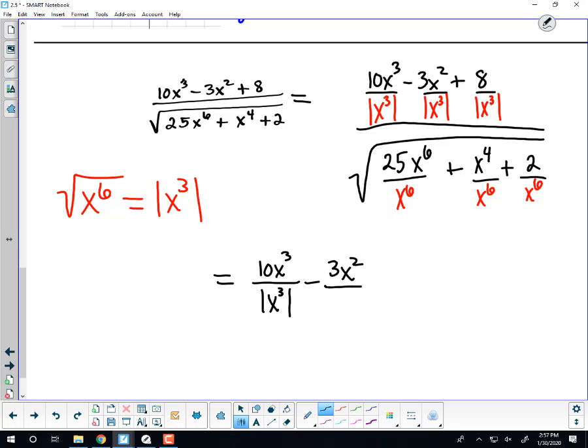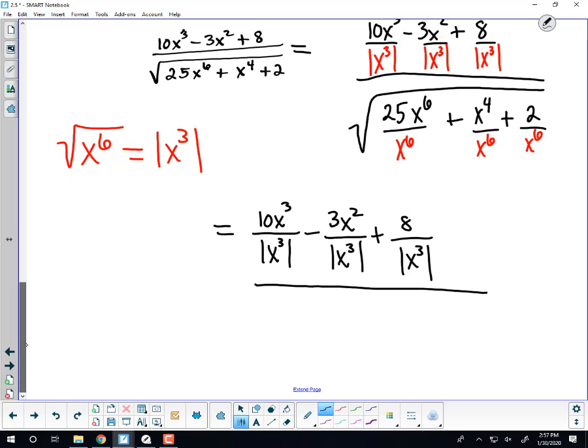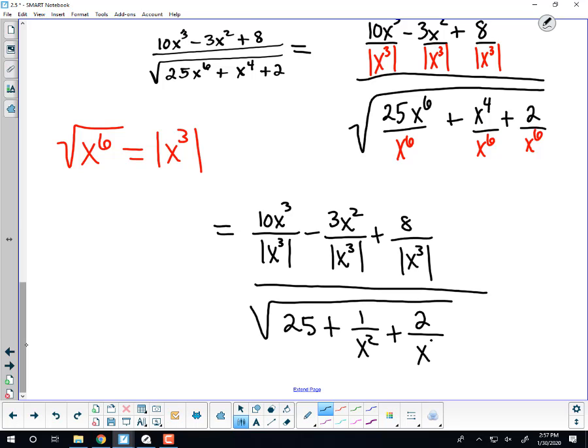I'm just going to leave this alone on top. And then we can simplify the thing under the radical. It's just 25 plus 1 over x squared plus 2 over x to the 6th. Okay. So that's how that thing's simplified.